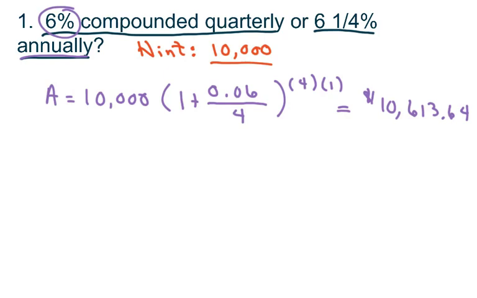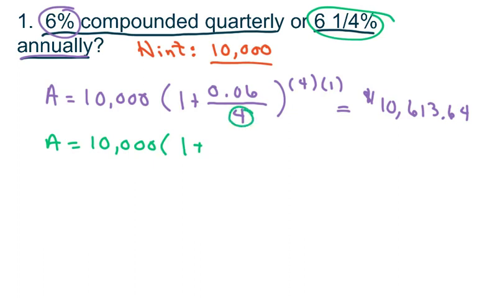Now the second one, we're going to do A equals 10,000 times 1 plus, and this is just annually, so my N is 1.